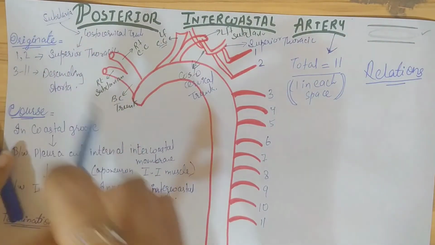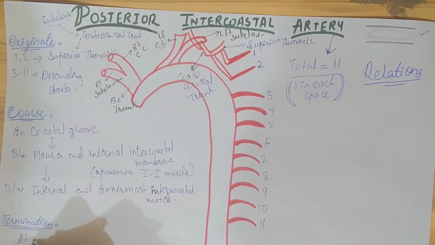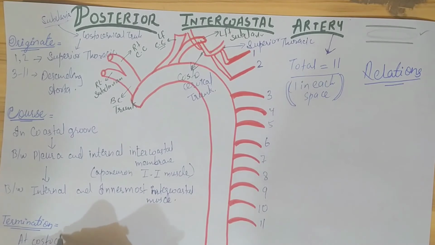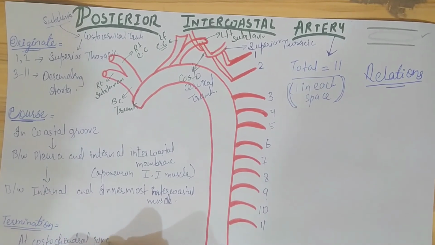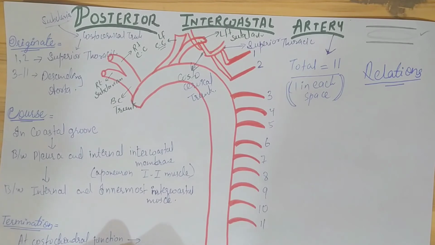Now its termination. As I told you, at the costochondral junction, it terminates by anastomosing with the anterior. Which anterior one? The upper one.